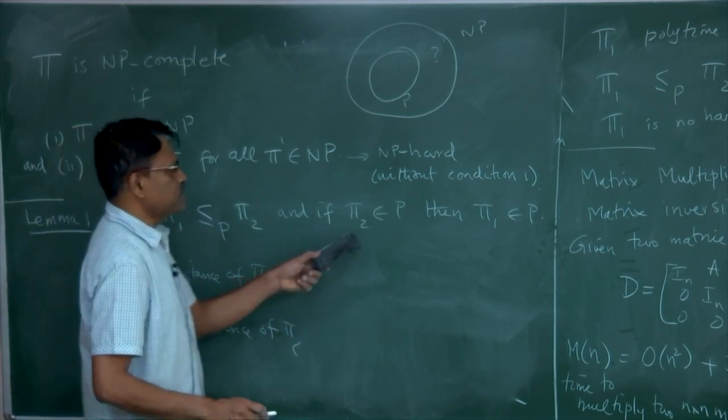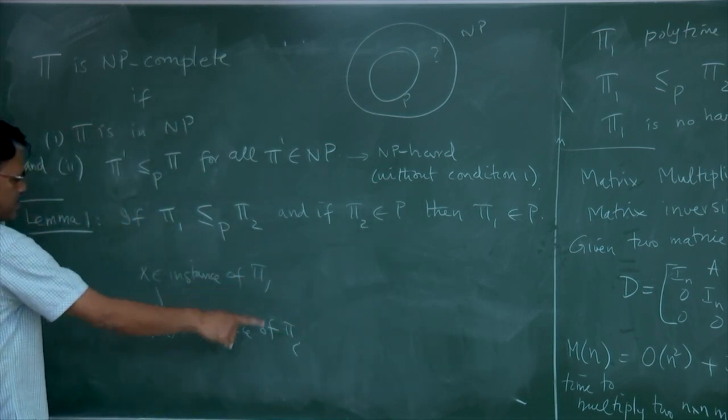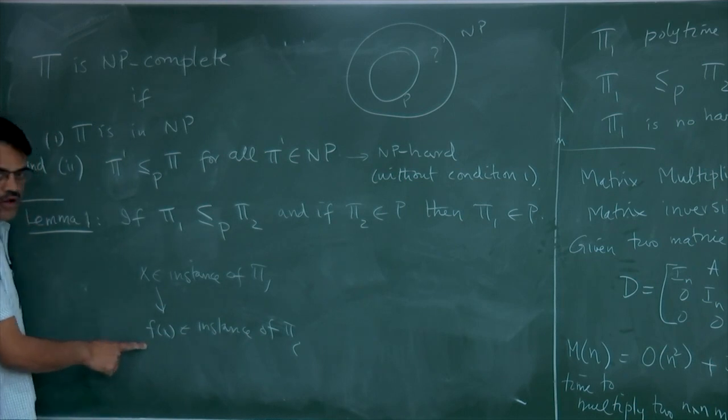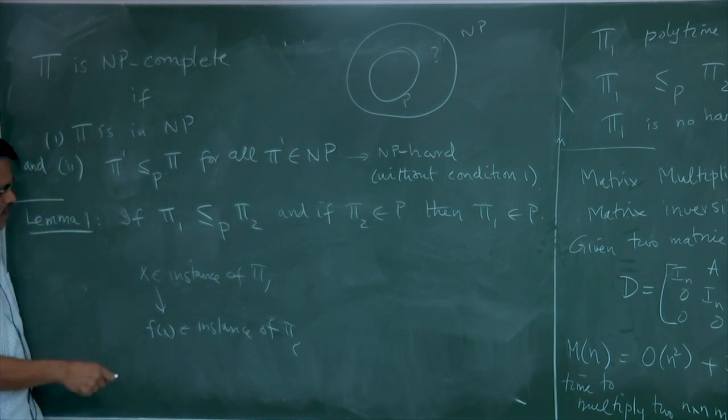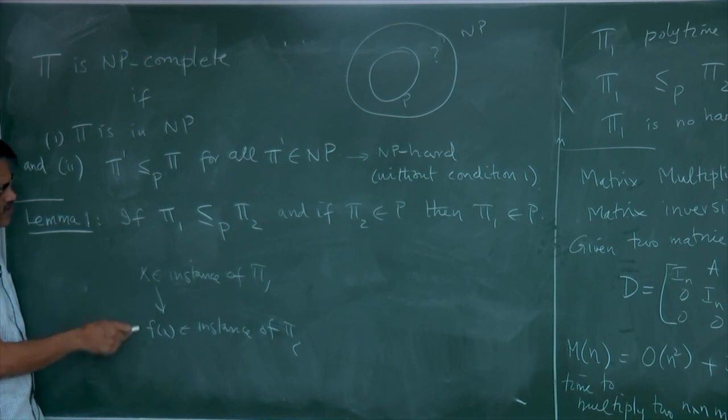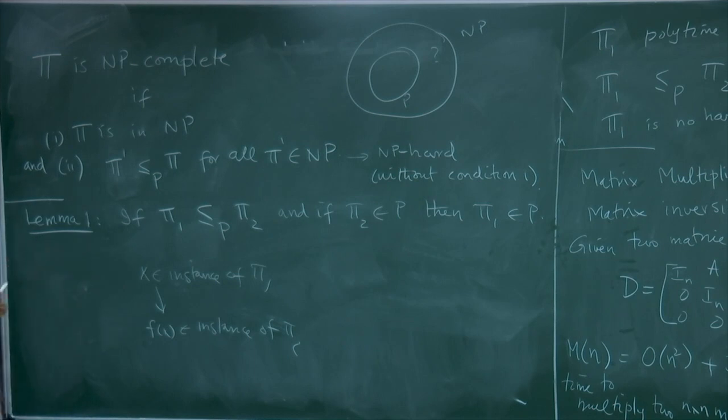And since pi 2 has a polynomial time algorithm, use the algorithm for pi 2 to solve this, and depending on the answer we know that because of this equivalence, this is yes if and only if this is yes, so you get an answer for x in pi 1. And since the reduction is polynomial time and pi 2's algorithm is polynomial time, overall you have spent polynomial time, right.